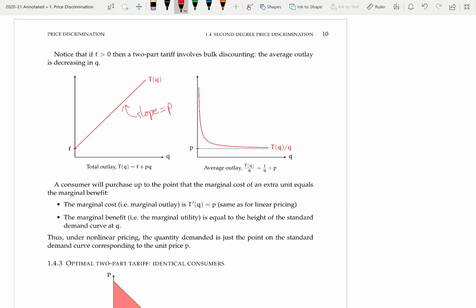People will consume up to the point where the price is equal to the marginal benefit. That is, we just read the quantity off the usual demand curve. The only slight wrinkle is, for them to buy anything at all, the access fee has to be small enough that they get a positive consumer surplus. So the access fee cannot be so high that the consumer doesn't want to buy anything.